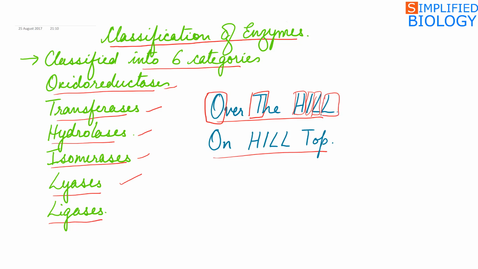The second L is for ligases. Same on hilltop. O oxidoreductase, H the same here, hydrolase, I isomerase, lyase, ligase, while T of top is for transferases.